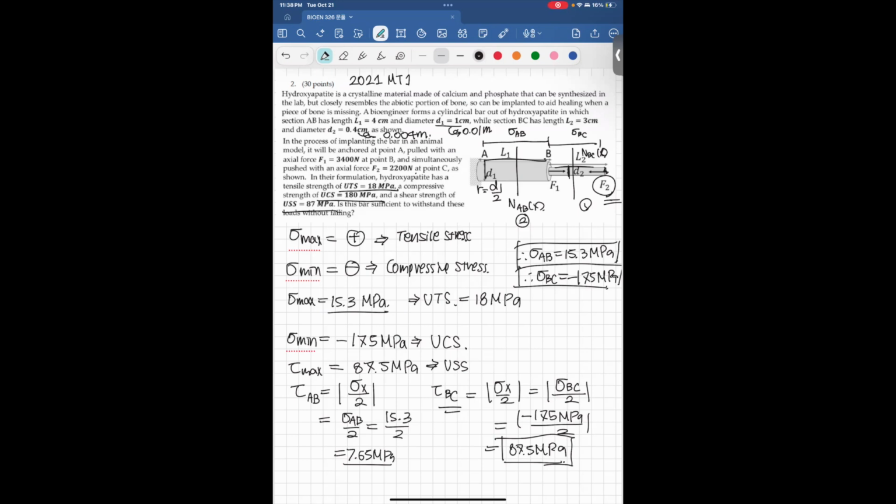The max tensile stress is smaller than the ultimate tensile stress, so it won't fail in terms of tensile. The minimum is 175, but we're only comparing the magnitude of the compressive stress, so this is going to be not failing.